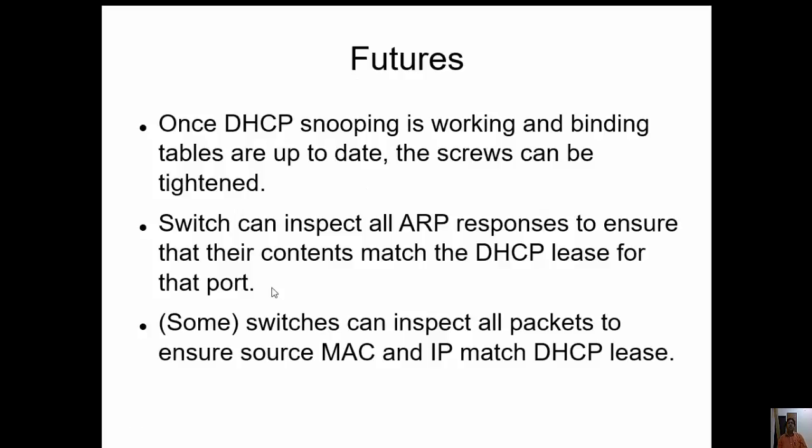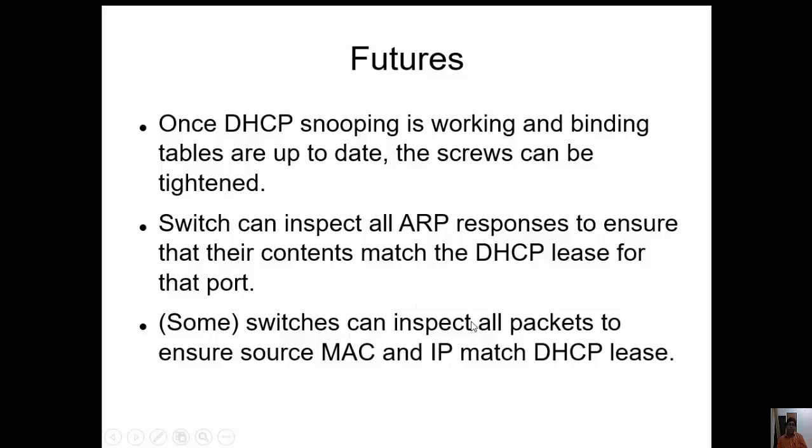Once DHCP snooping is working, binding is done between the server and the switch. When this layer 2 switch is bound with the proper DHCP server, all other attackers, even if they are configured with DHCP, will not be able to give their lease to the destination MAC.